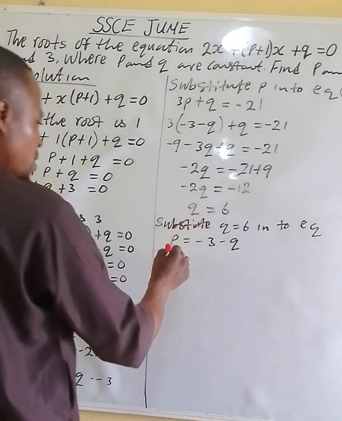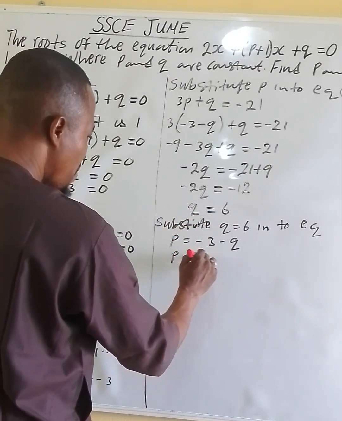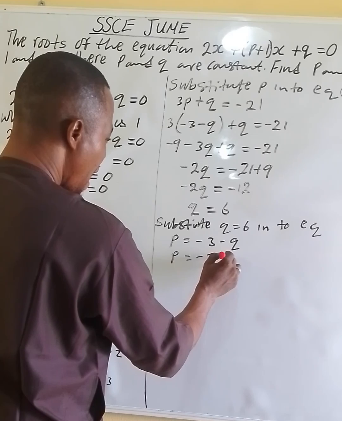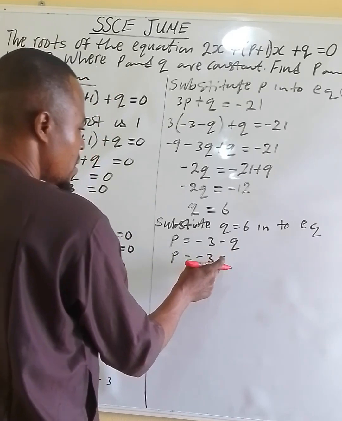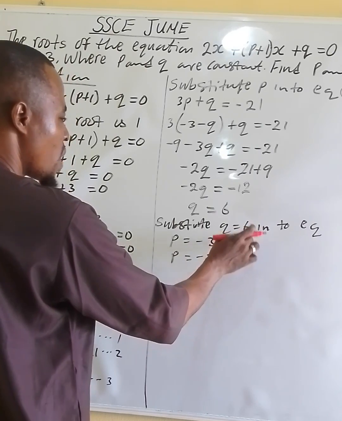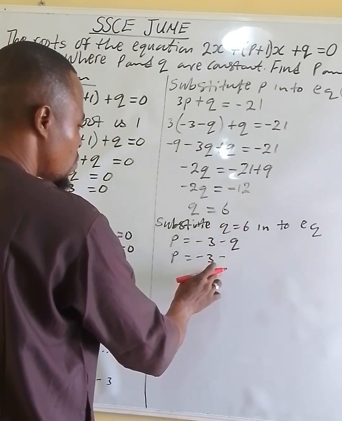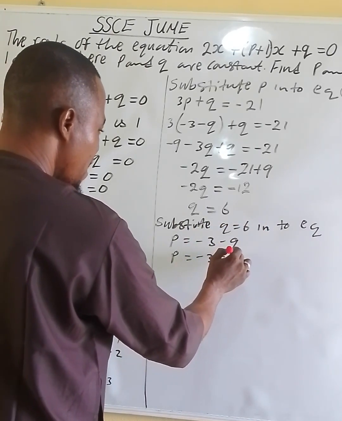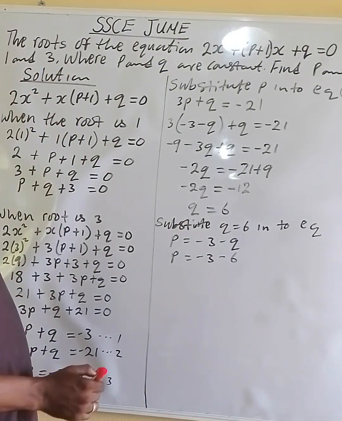And when we have q to be 6, it will be p equals minus 3 minus 6. Do you understand?